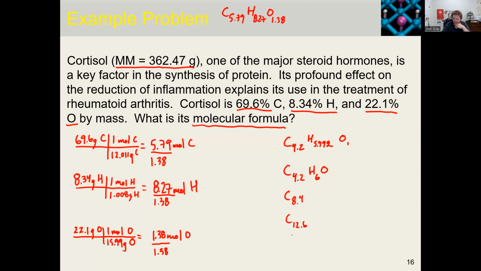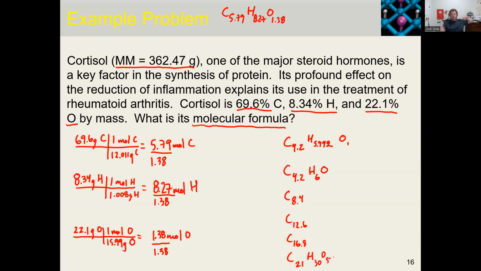Quadruple it, C 16.8. But if we multiply it by 5, that would be C sub 21. That's a whole number. So we can multiply this by 5. If we do that, then we have to multiply the 6 for hydrogen by 5. So it'll be 30.